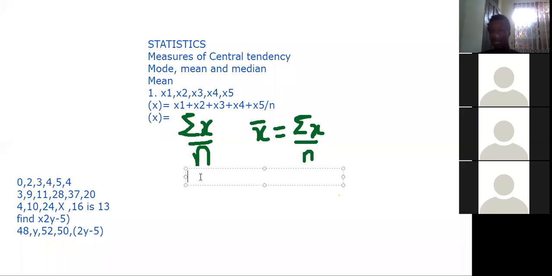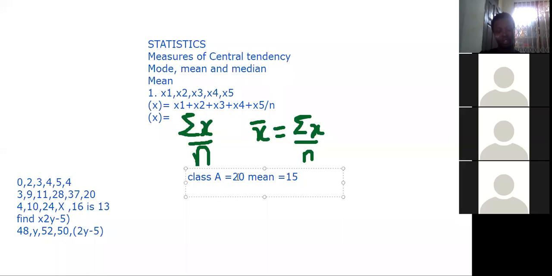So we said that the average age of a class of 20 students, let's say class A, has how many students? 20 students. And the mean, or the average, is 15 years.